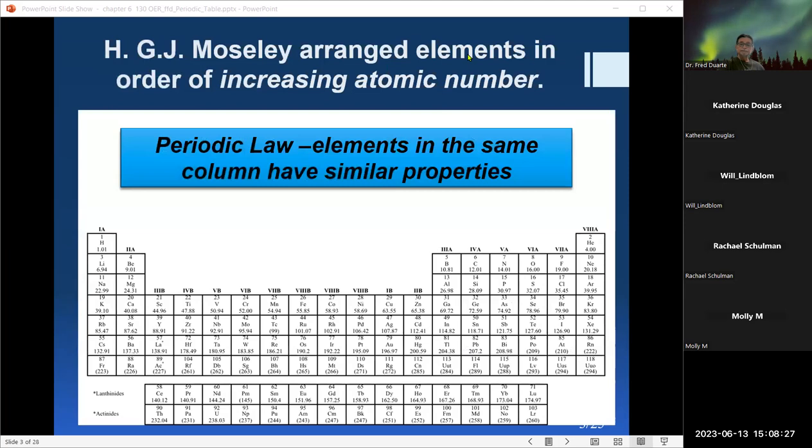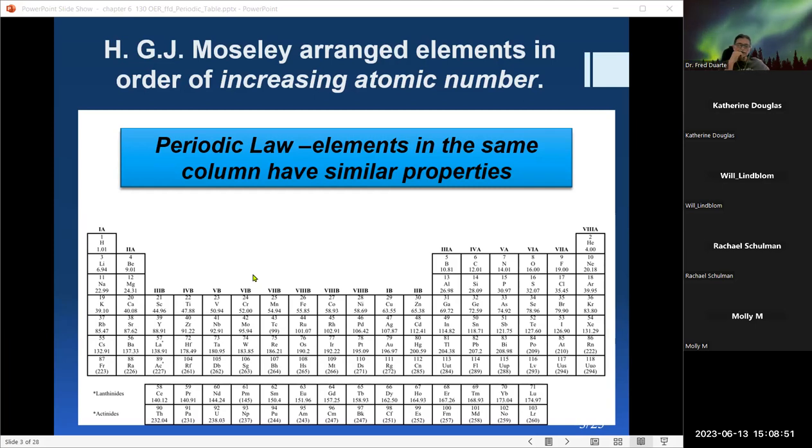Moseley, another scientist later on, I don't know the exact time he did this, or Moseley, I believe you pronounce it. What he did, he created a table where he put them in increasing atomic numbers. So this is more similar to the periodic table that we utilize now.